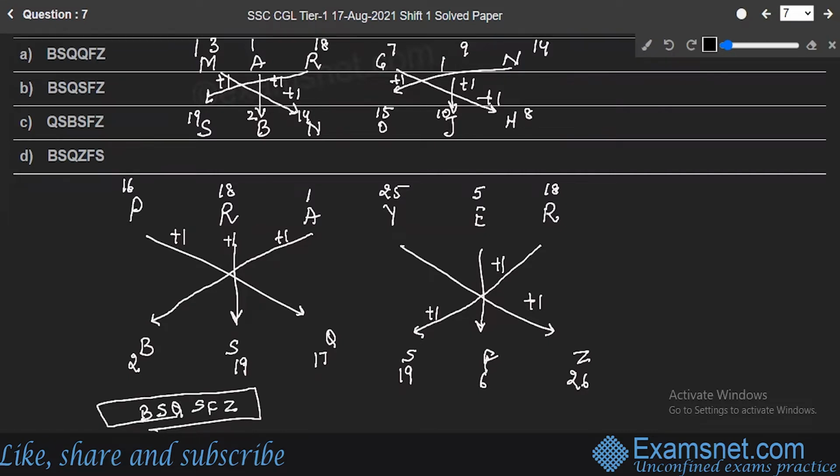It is option B. So option B is the correct answer for this question.